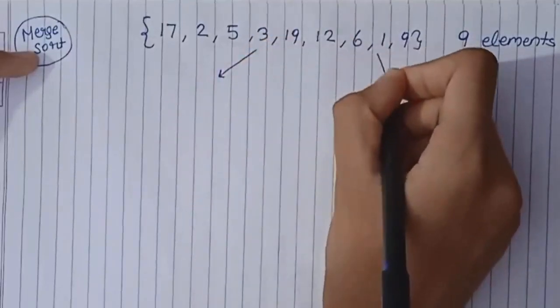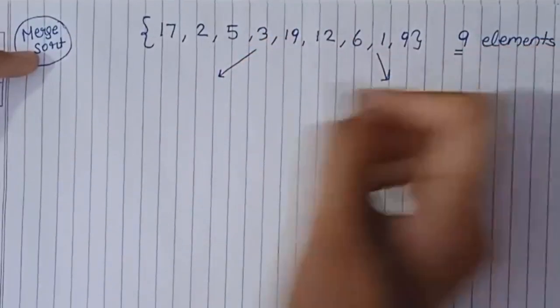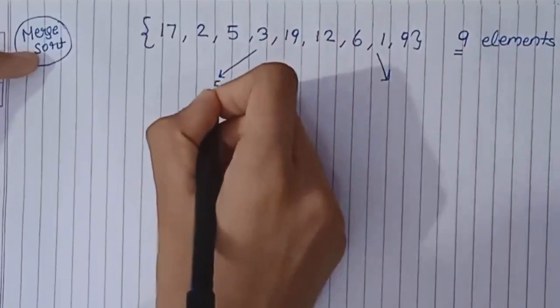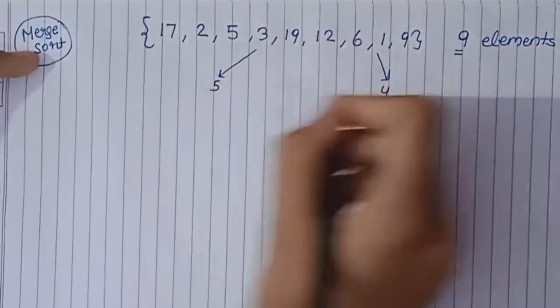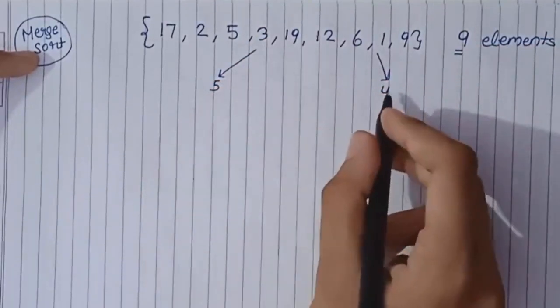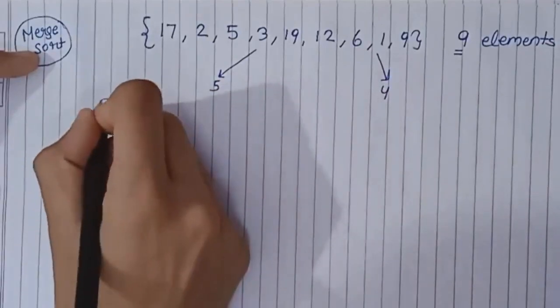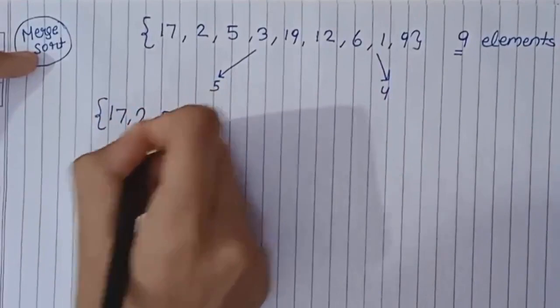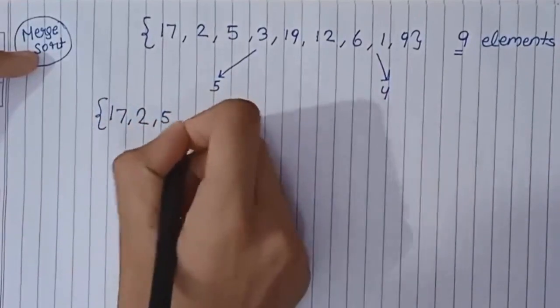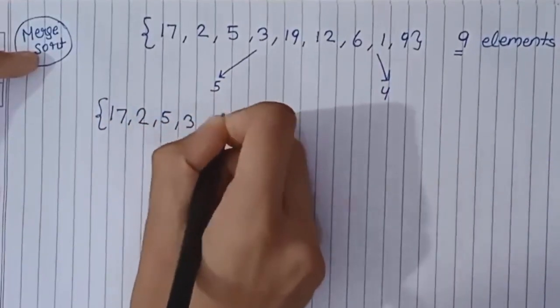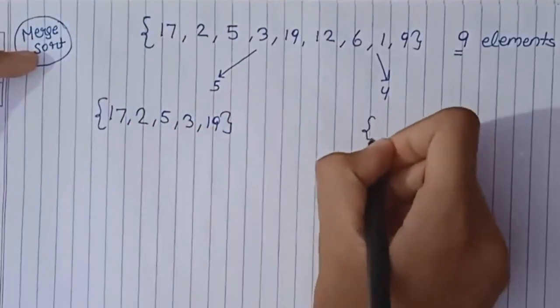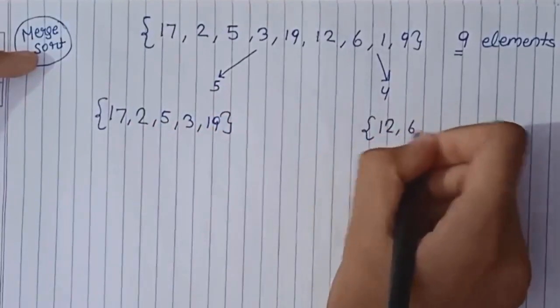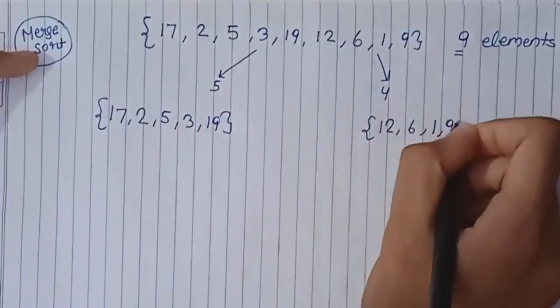As I have told you, it is an odd number array and I am going to divide it in the ratio 5:4, that is greatest is to smallest. So the division will be like this: 17, 2, 5, 3, 19, and here I will be having 12, 6, 1, 9.